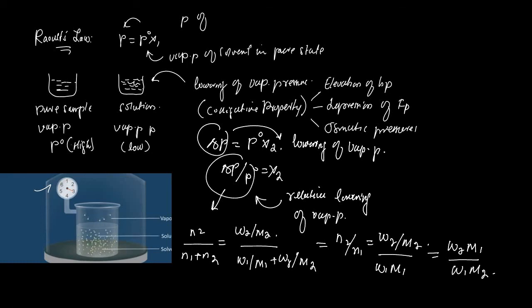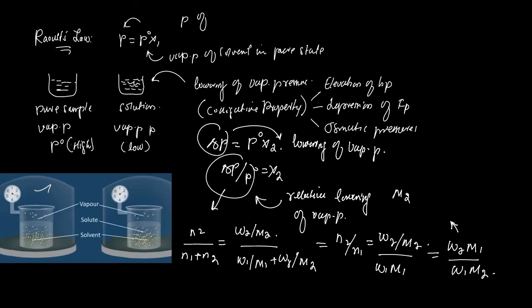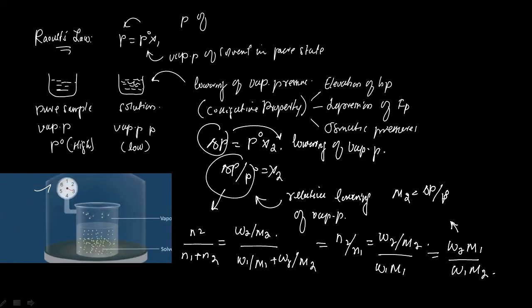So the net expression for M2 that we deduce here will be: M2 is equal to W2 M1 over W1, multiplied by P naught over delta P.